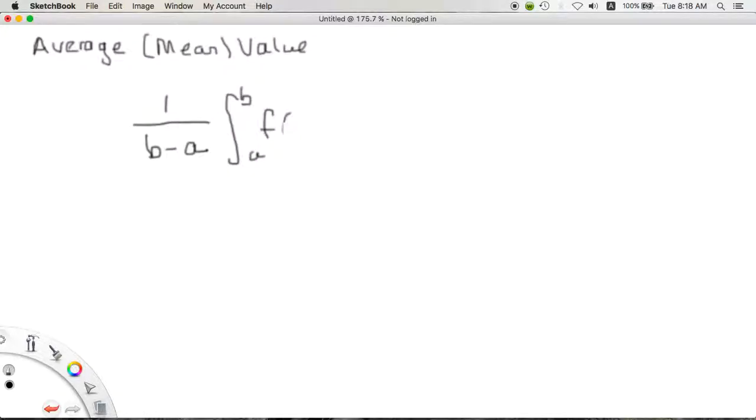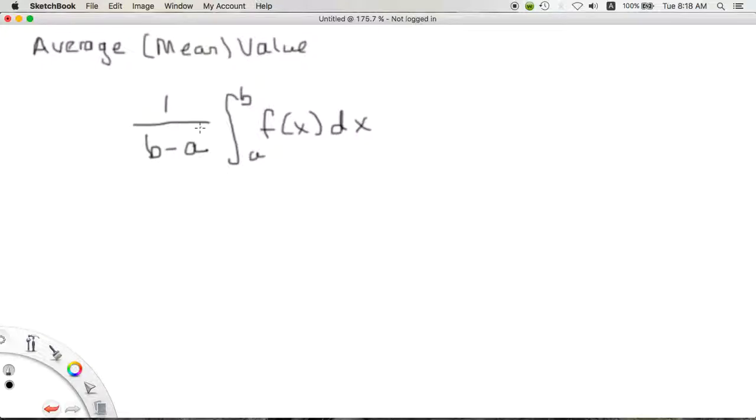So if you take the area of the function under the curve from a to b and divide it by that delta x space, then that'll give you the average value of a function. And like I said, we're not going to prove that. It's in your book on page 271. Make sure you look over that and figure that out.